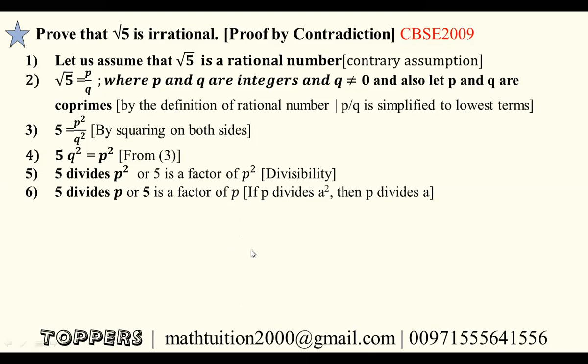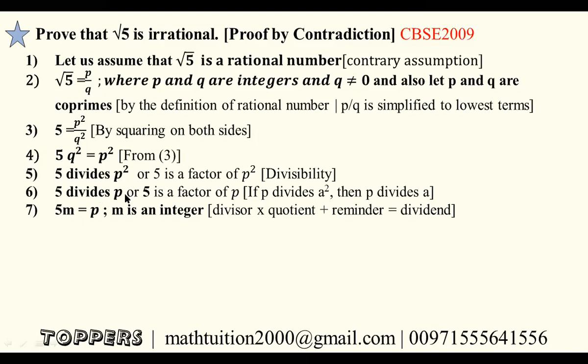Next statement is, since 5 divides p, 5 multiplied by some number will give you p, that we have taken as m. So 5 multiplies m, 5m equal to p, where m is an integer. Now we are squaring on both sides.